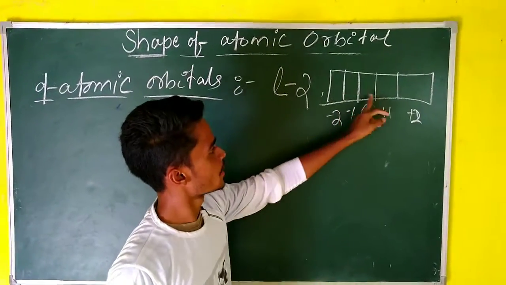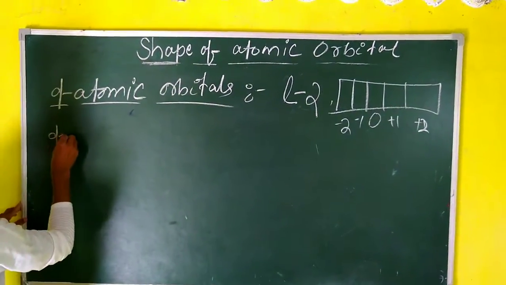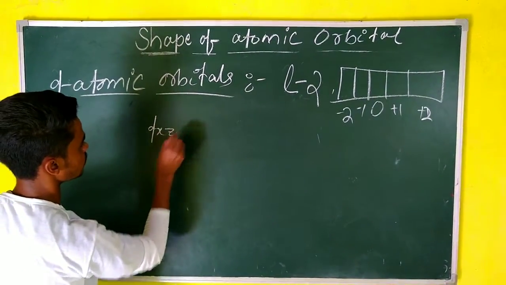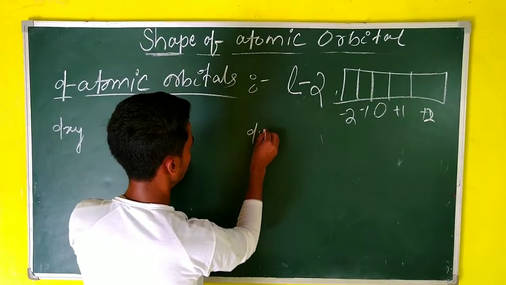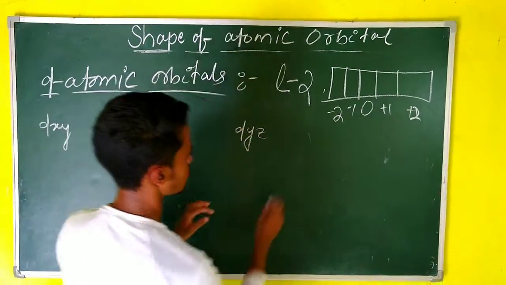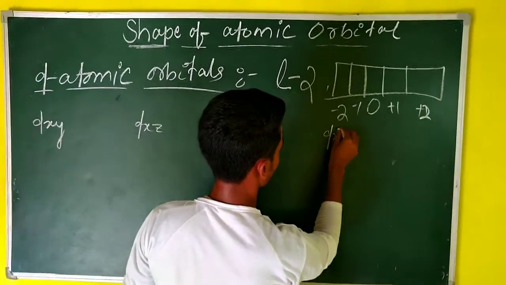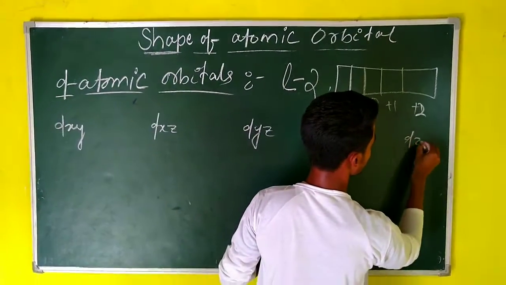Students, the 5 orbital names are dxy, dxz, dyz, then dx square minus y square, then dz square.